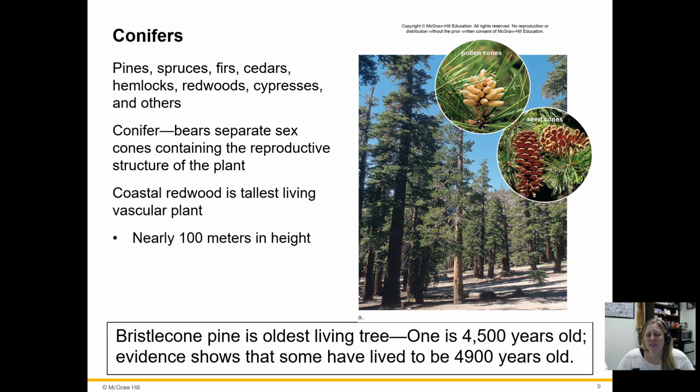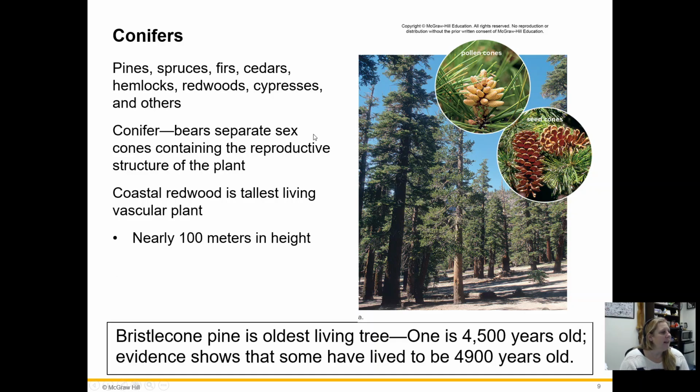But they have lived to be 4,500 years old is the current oldest one, and one that was cut down was expected to have been 4,900 years old. That's a really long time, almost 5,000 years old in a single individual. So this group is very well adapted to that slow growth, putting down wood, handling those harsh environments.